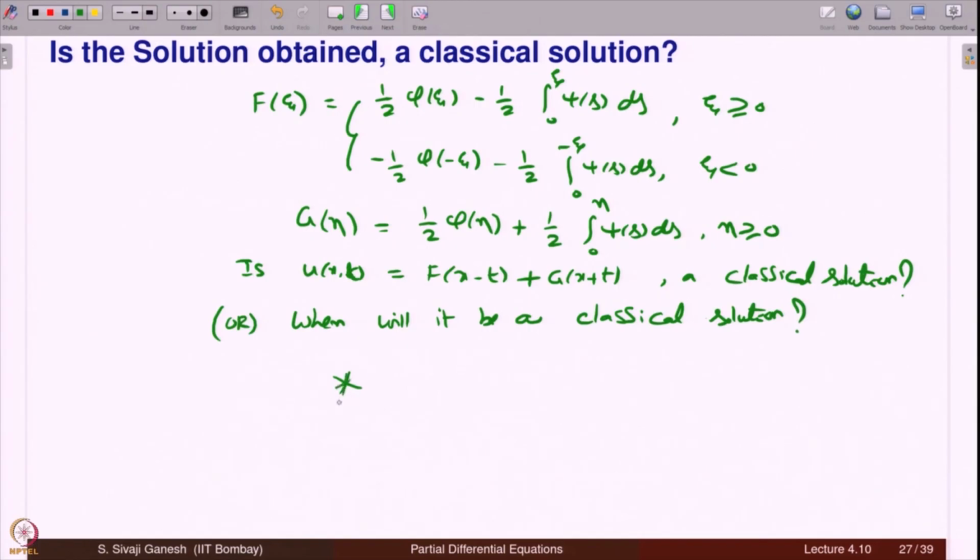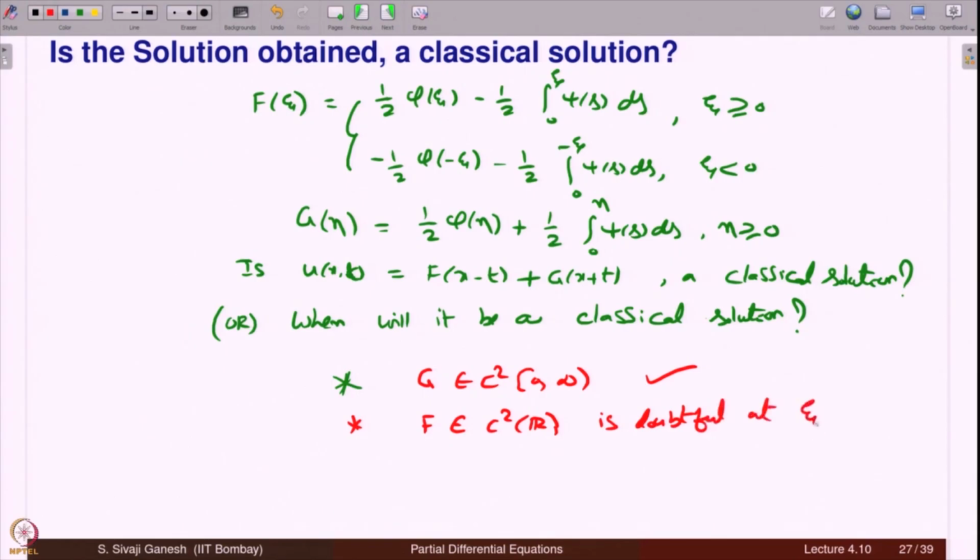Now, let us observe that as far as g is concerned, there is no doubt. g is C2 of 0 to infinity, and we do not require the values of g for negative values. So that is fine, this is easy. The second one is about f. f is C2 of R, we would like to have that, because x minus ct takes all the values in R. Now, f being in C2 of R is doubtful at only one point, xi equal to 0.